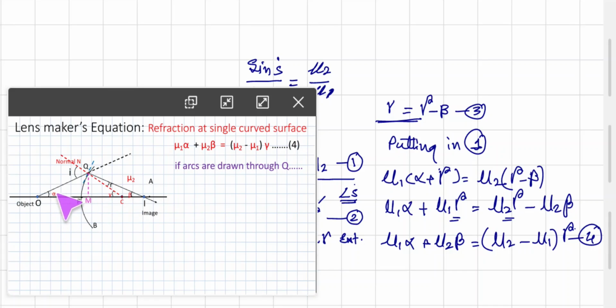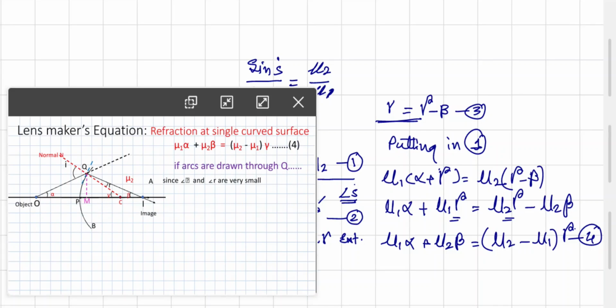So since alpha and R are both very small, we can say that alpha is equal to QM upon OM. So this angle alpha is equal to QM divided by OM.